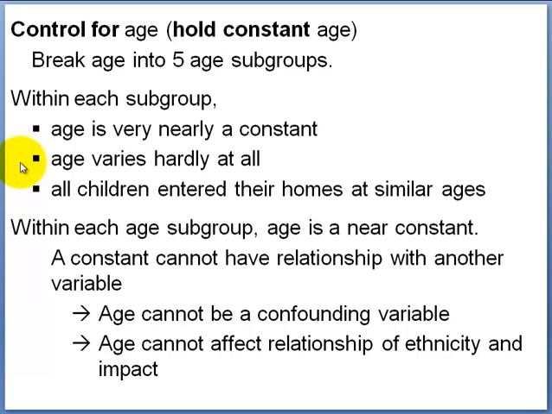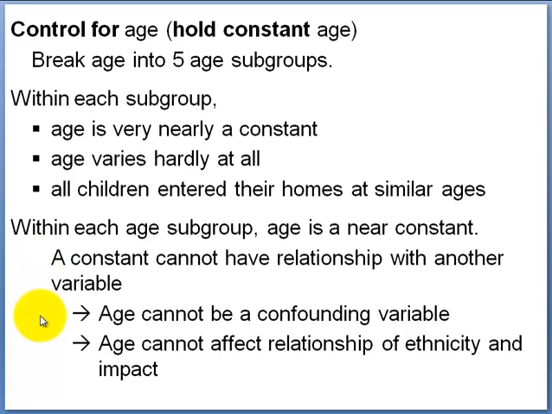In other words, within each subgroup, all of the kids are going to have entered their homes at similar ages. So within each age subgroup, you can think of age as nearly being a constant. And as we talked about a little bit in Chapter 6, a constant cannot have a relationship with another variable.